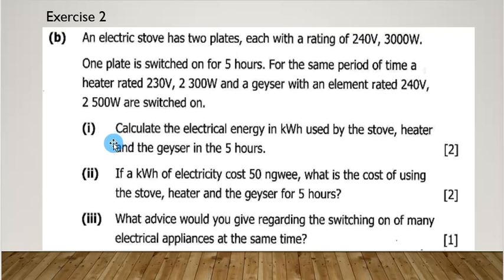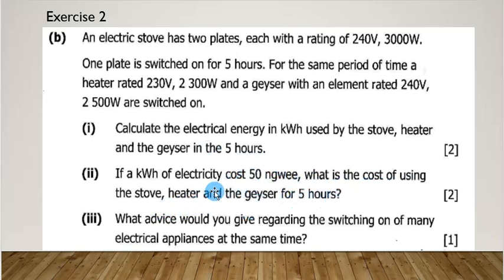1, calculate the electrical energy in kilowatt hours used by the stove, heater, and the geyser in the 5 hours. So you calculate the total energy used. You calculate the energy used by each in kilowatt hours, and then you add. 2, if a kilowatt hour of electricity, which is a unit, costs 50 ngwe, what is the cost of using the stove, heater, and geyser for 5 hours?